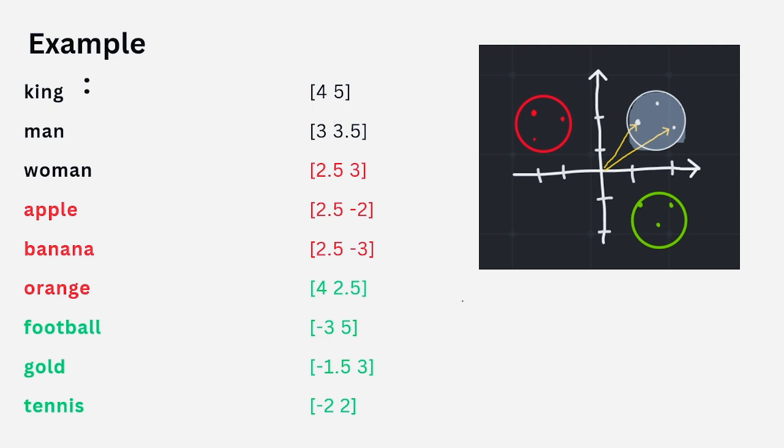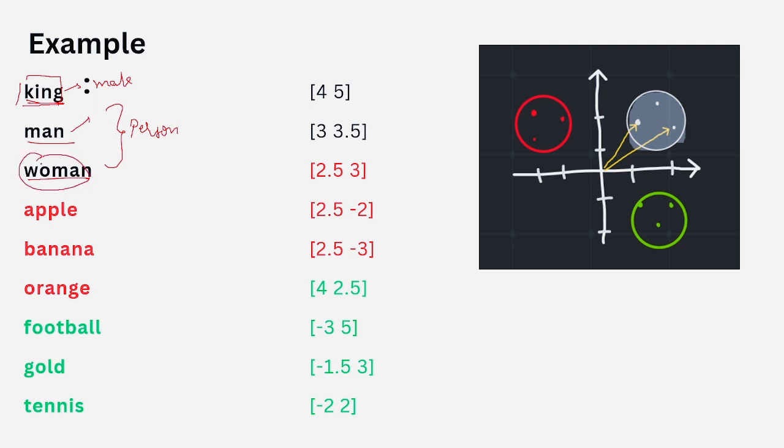Here is another example: king, man, woman, apple, banana, orange, football, gold, tennis. King, man, woman are about some person or people, like king is a man, related to male.